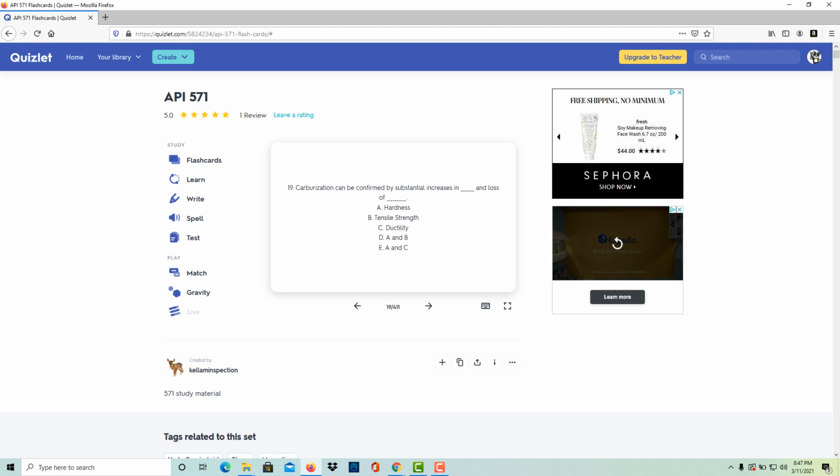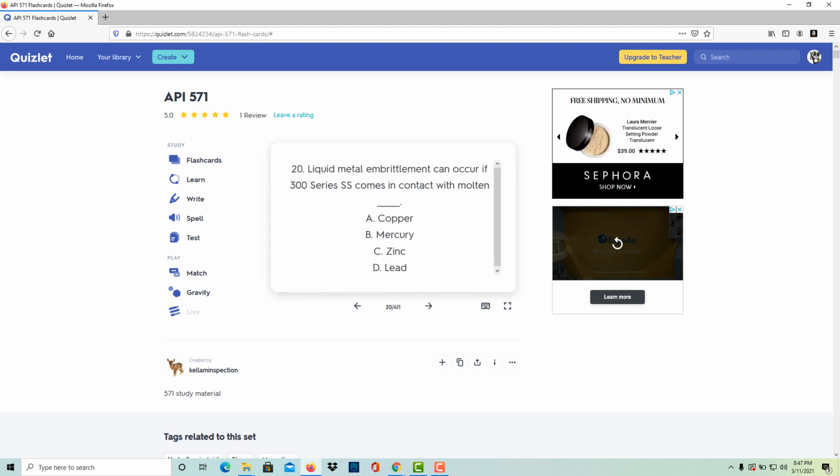Carbonization can be confirmed by substantial increases in and loss of, usually you're going to increase hardness and lose your ductility as a result of carbonization. And that's E. 20.